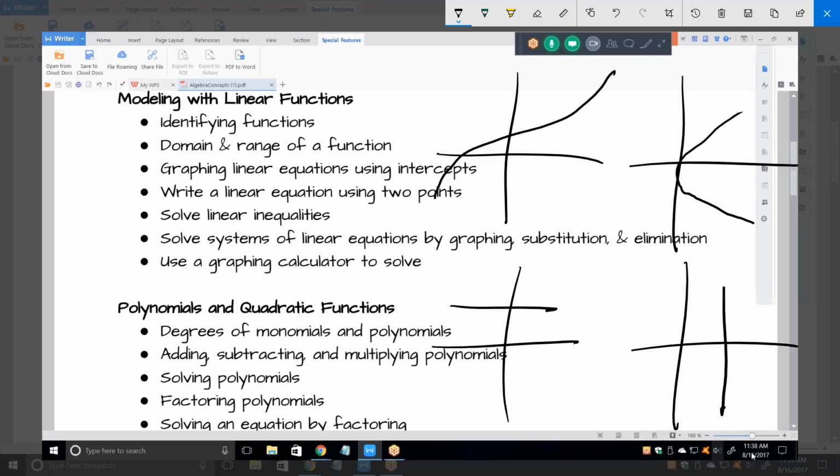Starting top left, function or not? Top right, function or not? No. Bottom left, function or not? Yes. Bottom right. No. Very good.